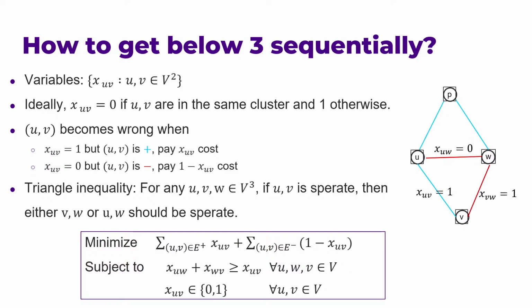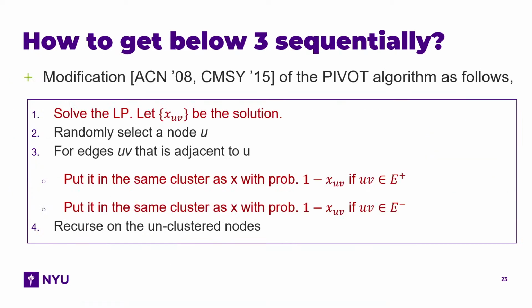So instead of using the pivot algorithm, the greedy maximal independent set algorithm directly, we will use the x value as an indicator. So we run the pivot algorithm with just one modification. We randomly choose a node u.